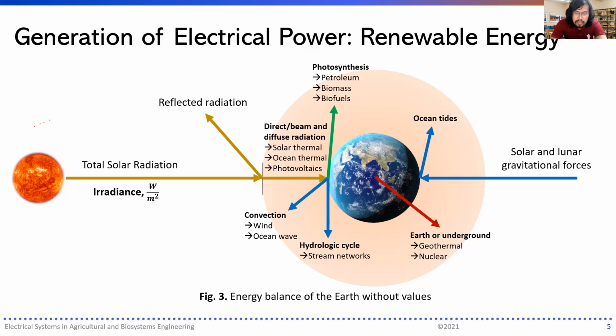There's also the energy from under the earth. These are from earth sciences; these are energy resulting from the Big Bang that's already stored there, in the forms of geothermal and nuclear energy.